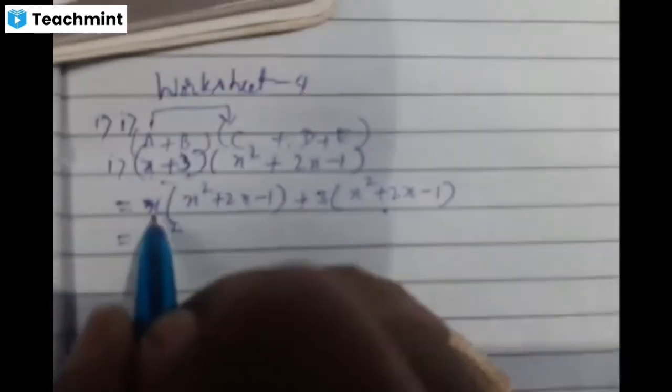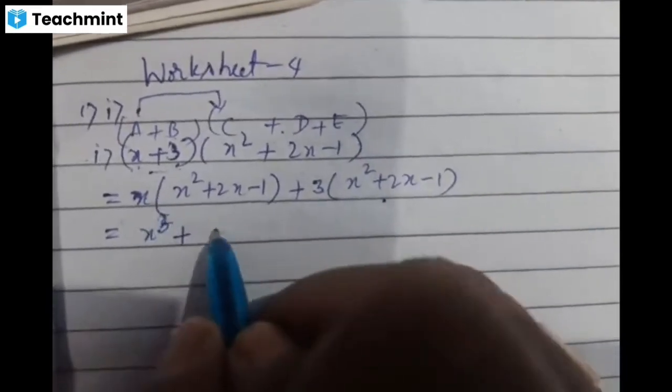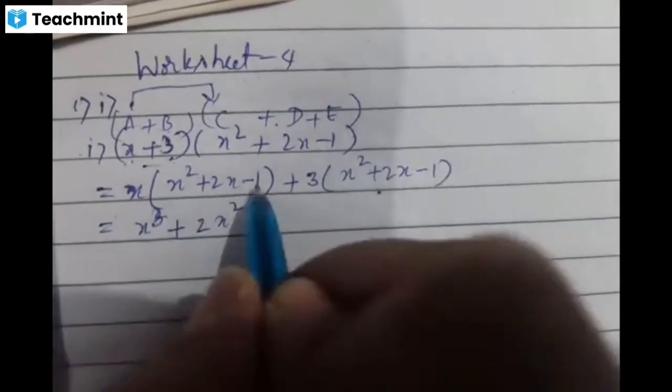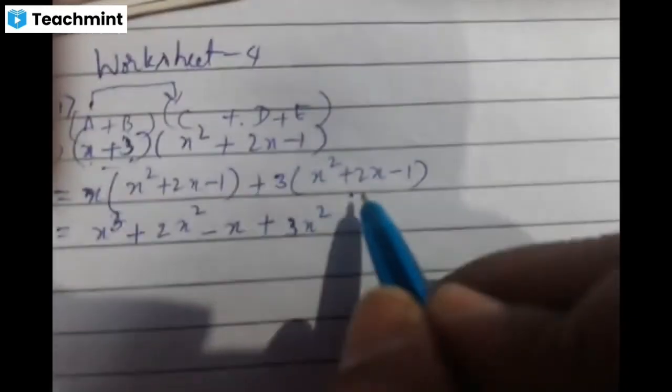x into x square is x cube, plus x into 2x is 2x square, plus x into minus 1 is minus x, plus 3 into x square is 3x square, plus 3 2s are 6x, minus 3 1s are 3.